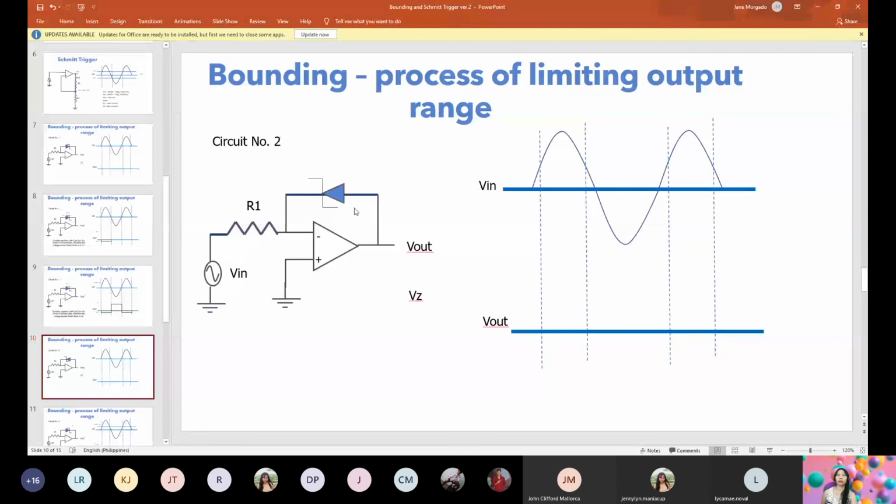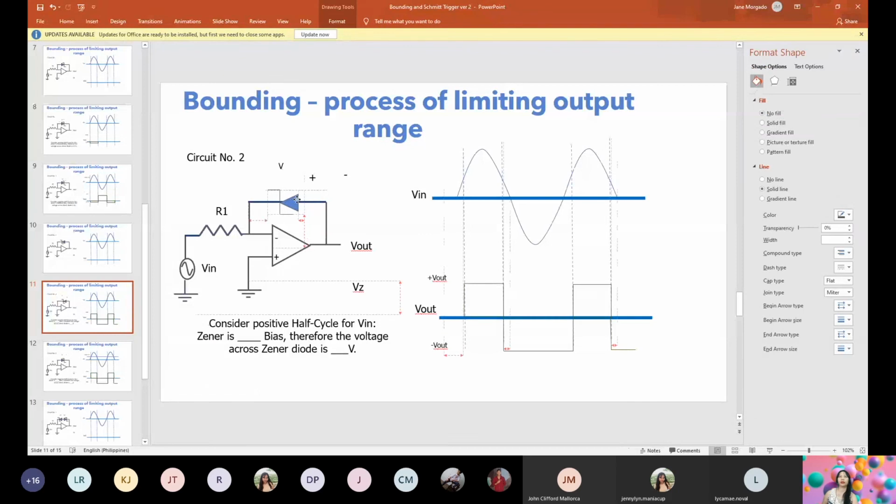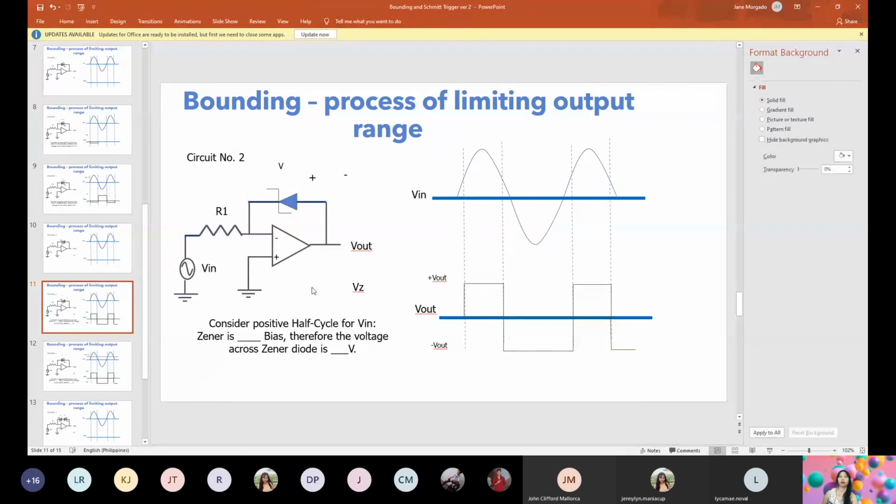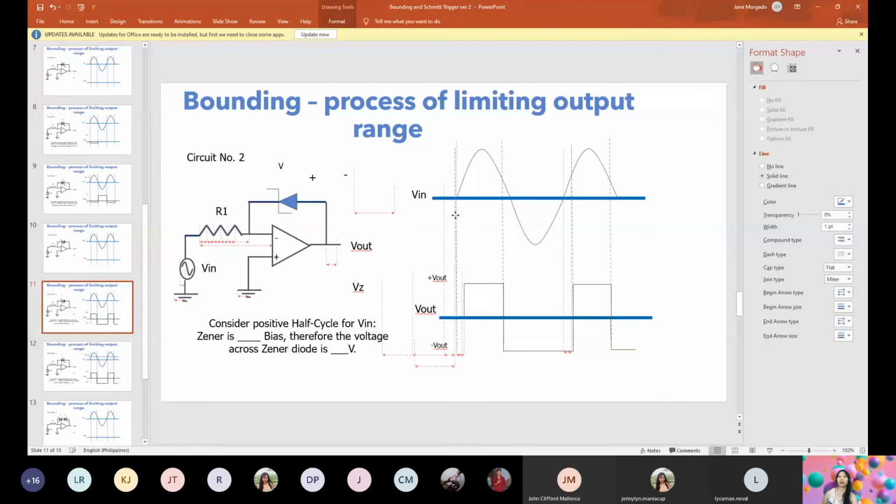How about circuit number 2? As you can see, the zener is now reversed. You have the cathode here and the anode here. During the positive half cycle, what do you think is the bias of the zener diode, forward or reverse?